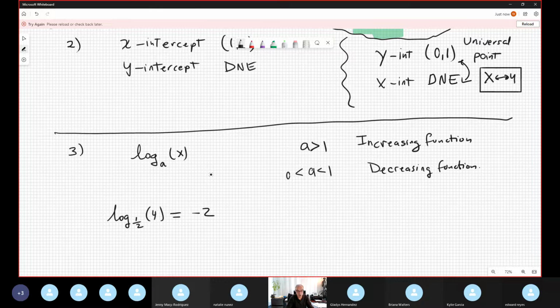This scenario is not the most popular, but it happens. The base is in between 0 and 1. However, the number here is greater than 1, so the answer is negative. The idea behind this is that you need to find a reciprocal.